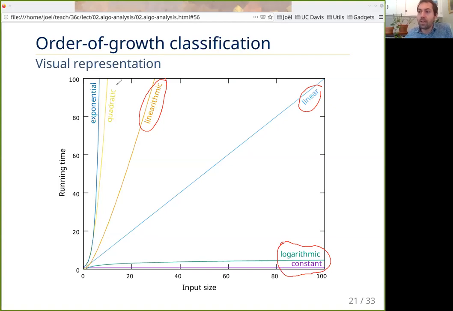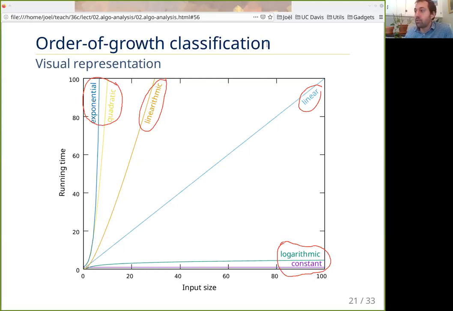And then we have the category of quadratic, cubic, exponential, and factorial. And those are usually considered pretty bad or not very well optimized algorithms, because as soon as the input size grows, they start getting really, really bad performances.